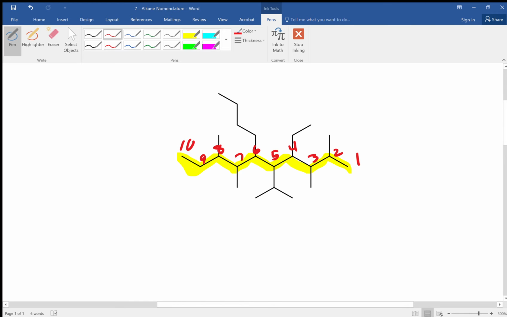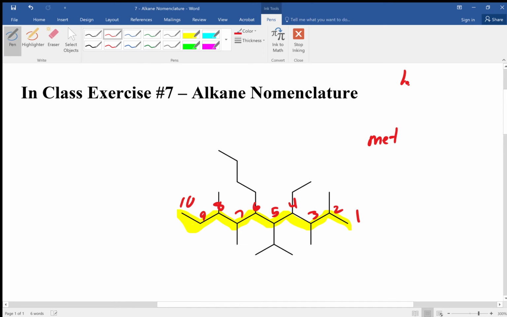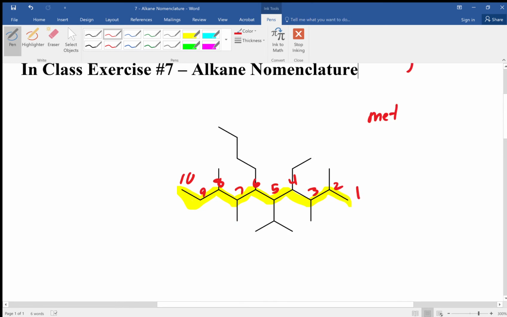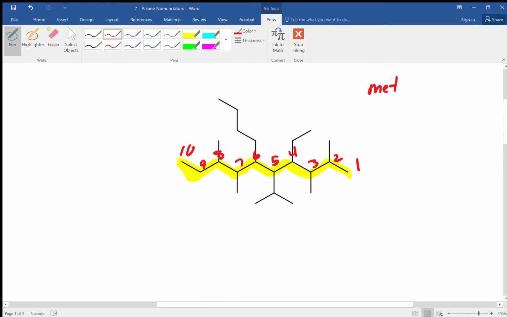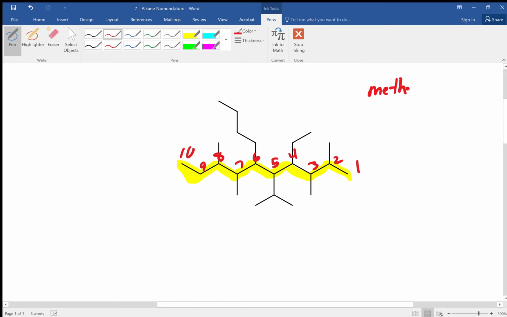At this point, I want to list my substituents. That way I have them organized. So I have methyls. We have methyls. Methyl at 2. At 3 is another methyl.